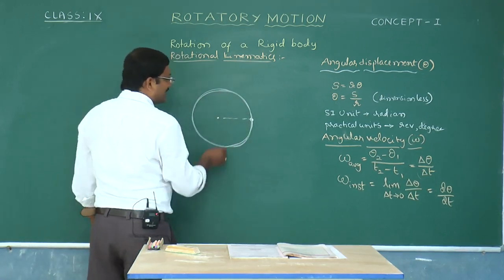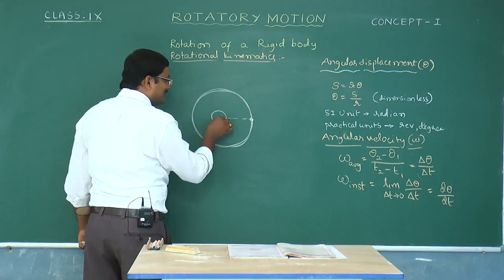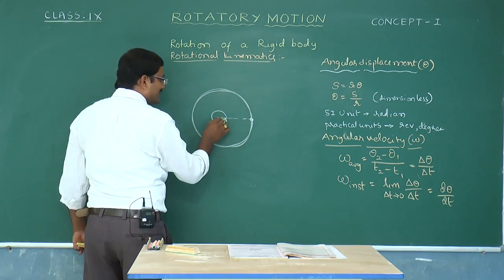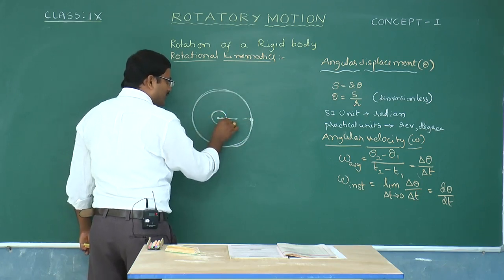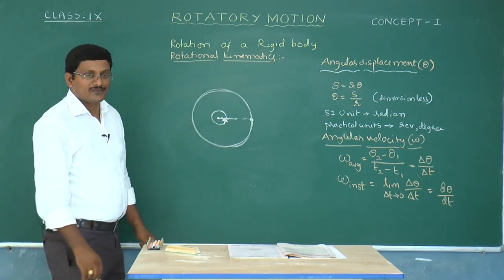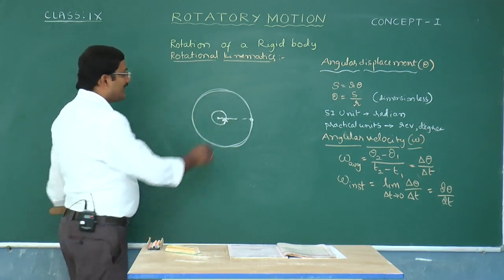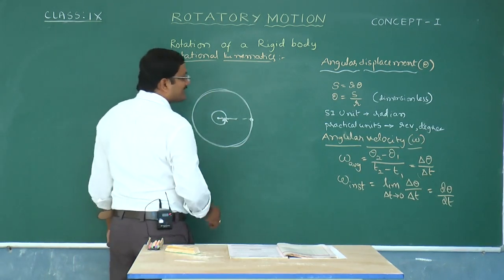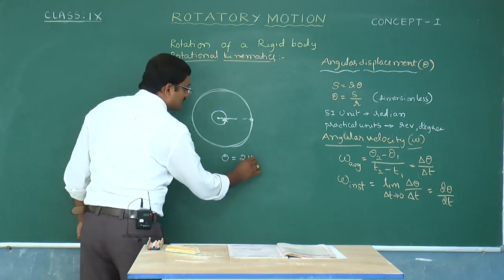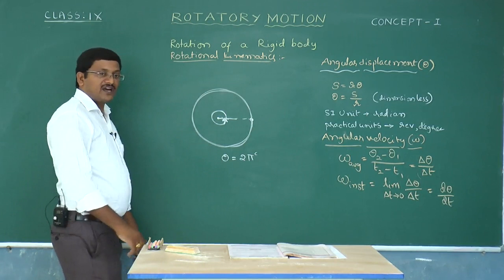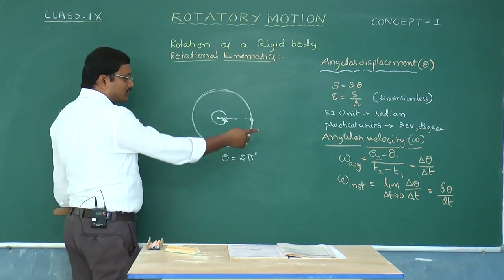The radius vector completes one cycle, describing 360 degrees, which can be written as theta equal to 2 pi radians.